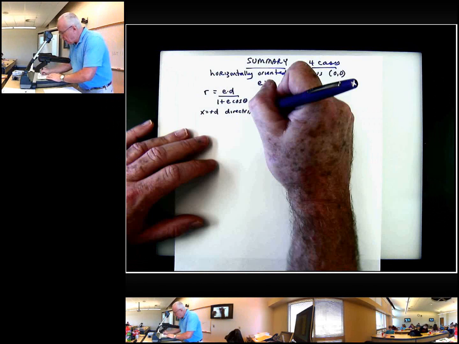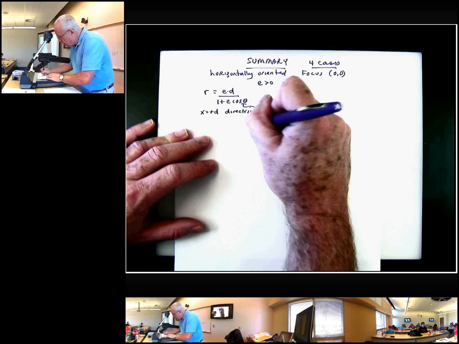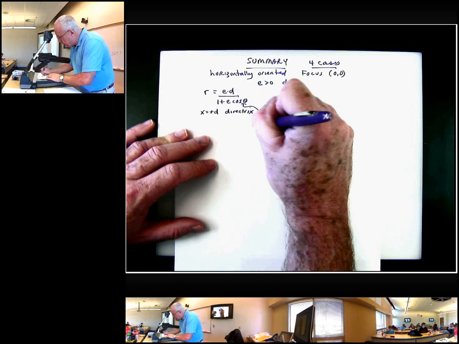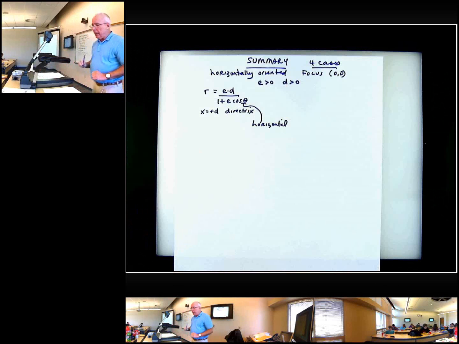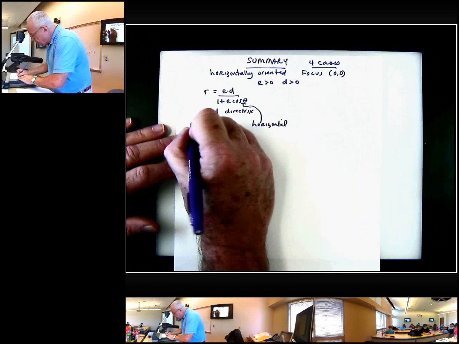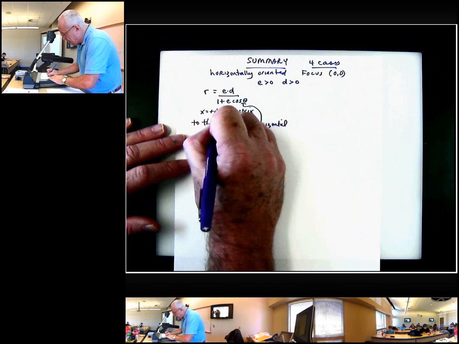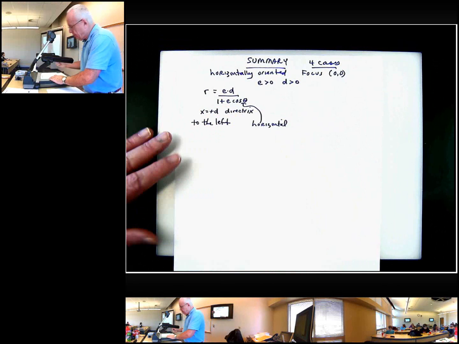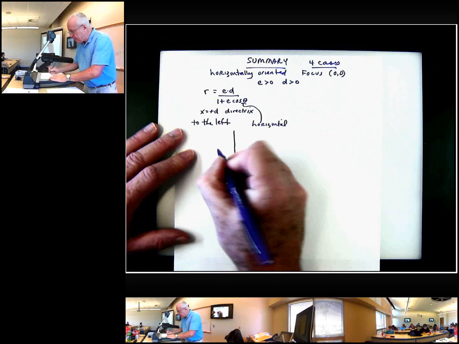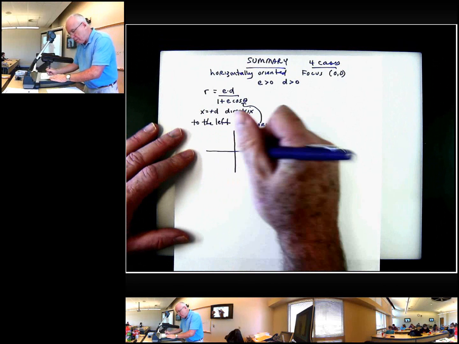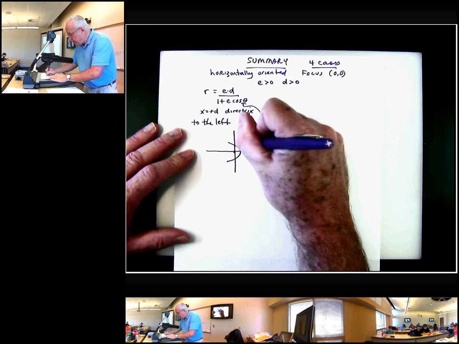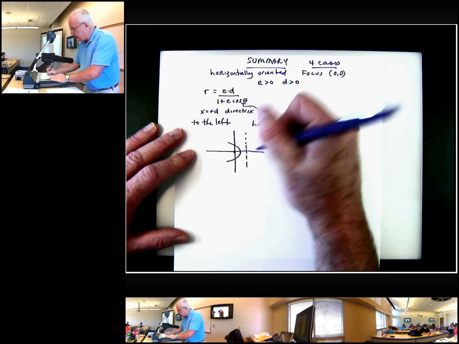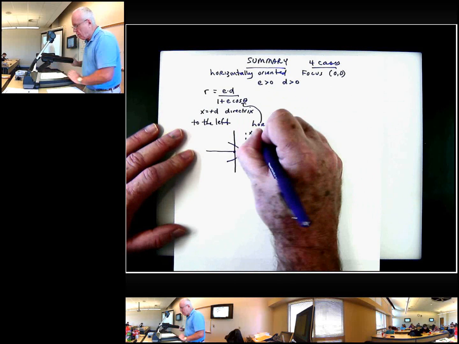It's going to be horizontal because of the cosine, and it's going to be going to the left. So it's going to be something like this that I've drawn before. Here's our focus. It's going this way, and here's our directrix, x equals d.